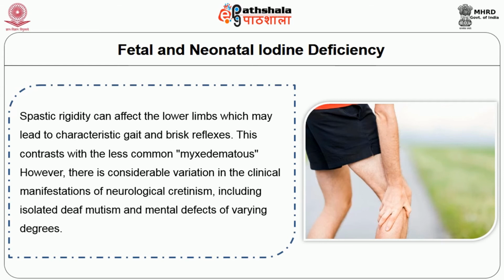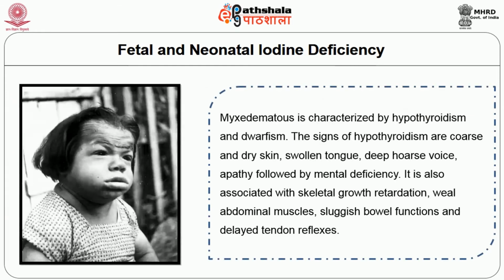This contrasts with the less common myxedematous cretinism. However, there is considerable variation in the clinical manifestations of neurological cretinism, including isolated deaf mutism and mental defects of varying degrees. Myxedematous cretinism is characterized by hypothyroidism and dwarfism.